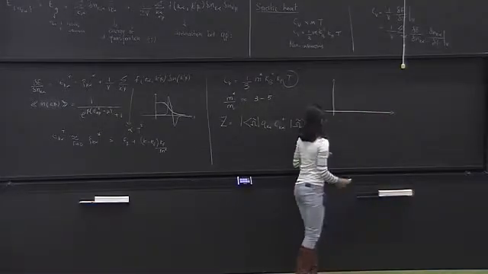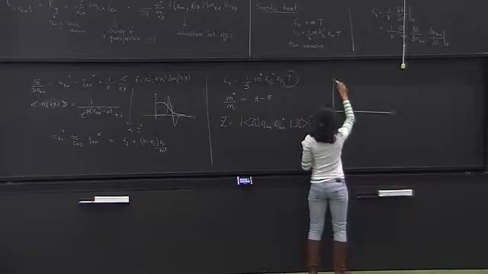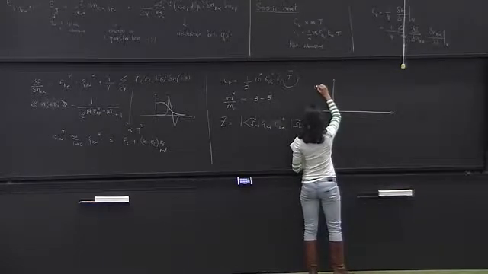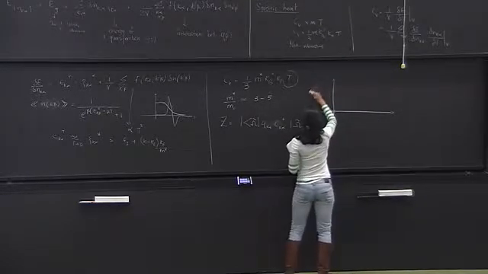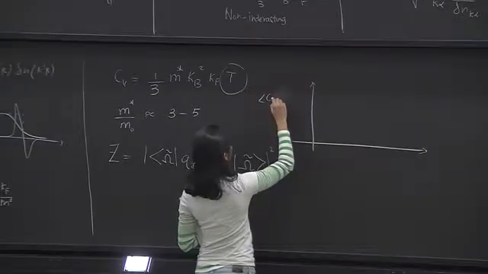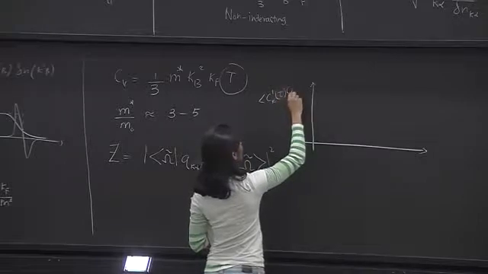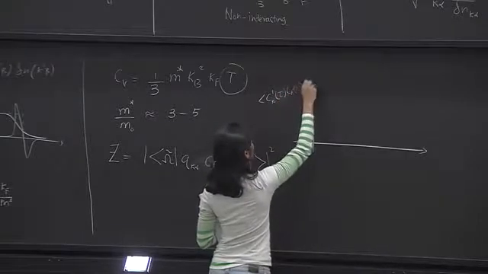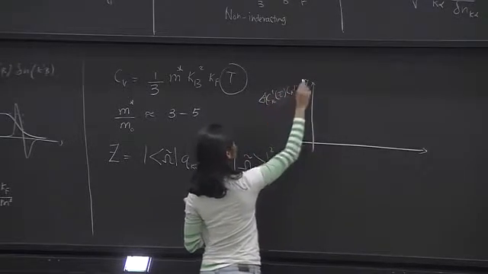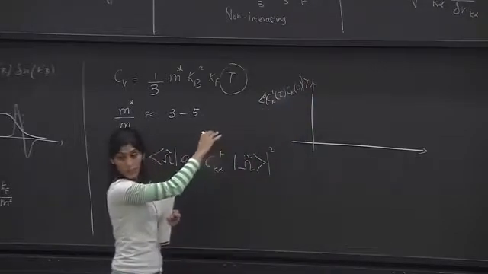You've all done a bunch of field theory that's told you about Green's functions, C, K, time ordered. This is a Green's function you've all seen before, right?